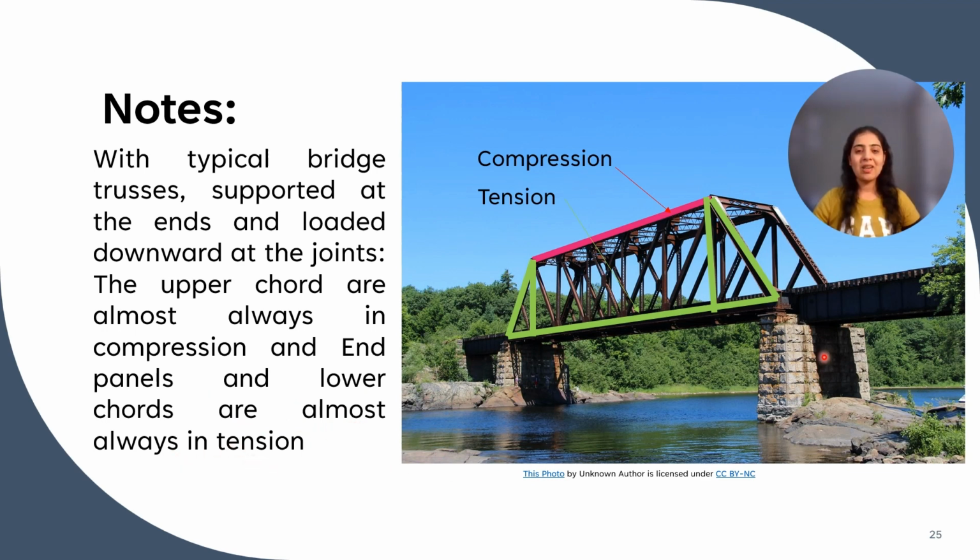Here I have tried to find a similar type of truss which is supported at the ends and loaded downward by its self weight. So you can guess the upper chord members are in compression, and the end panel and bottom chord members are in tension.